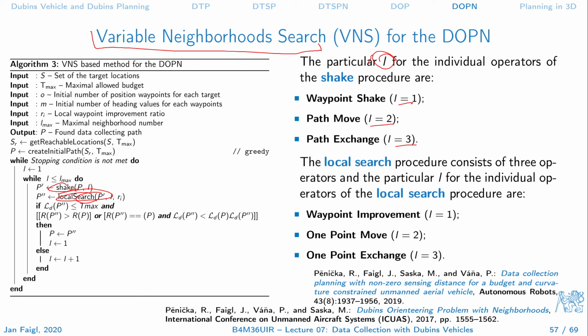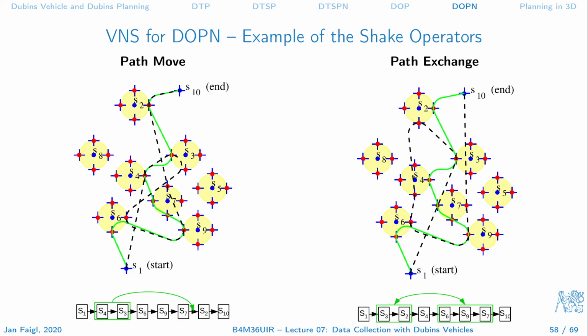But what I would like to say is that we can introduce continuous optimization. We can consider these operators as continuous optimization because we have the DTP underlying. So instead of sampling, we can determine the headings for a particular sequence as a part of these operators, and that actually improved the performance.